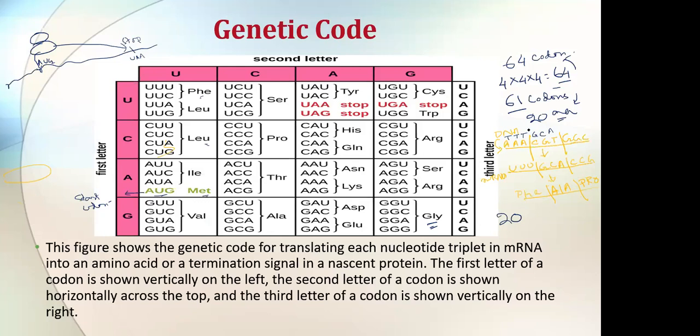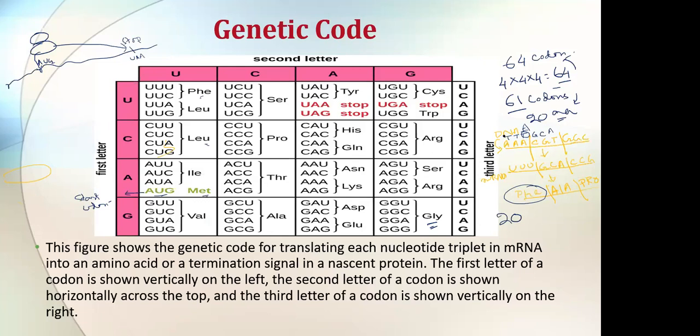So let's say instead of converting A to thymine, the cell forgets and keeps A. So TTT is going to produce phenylalanine, right? Based on the original coding, the cell is supposed to make this, but now it's TTA.